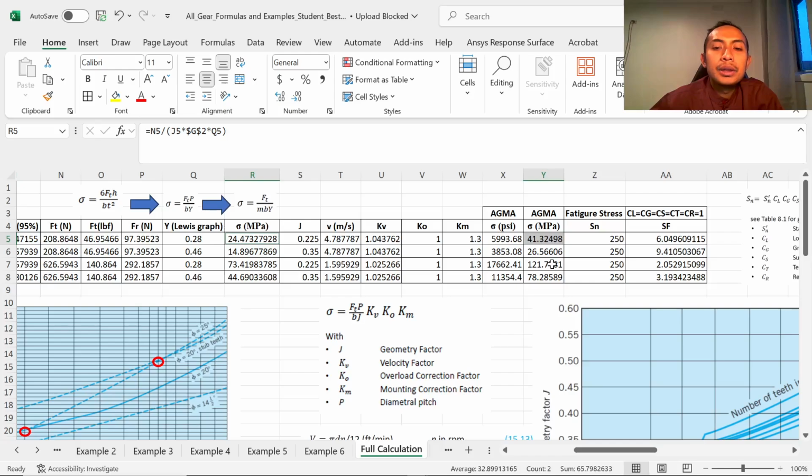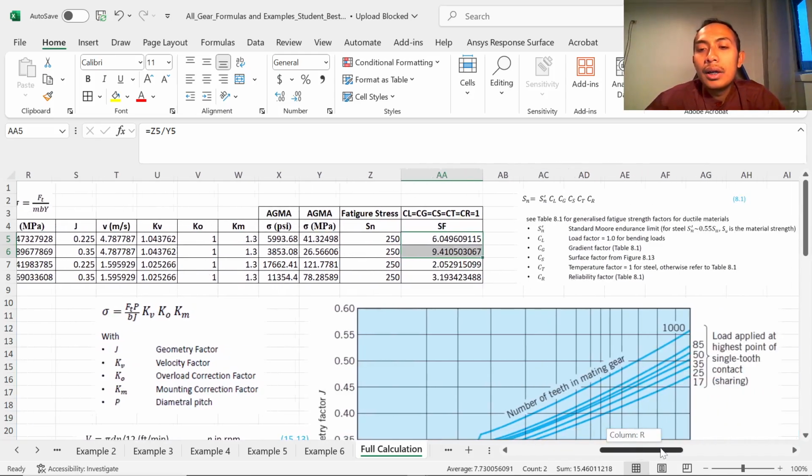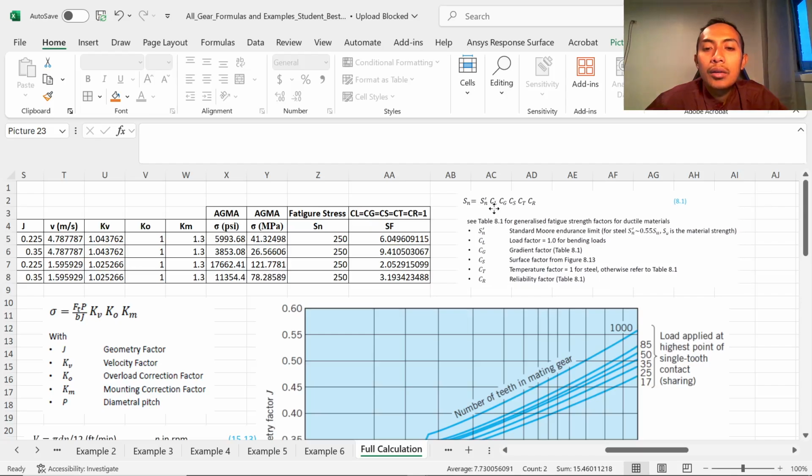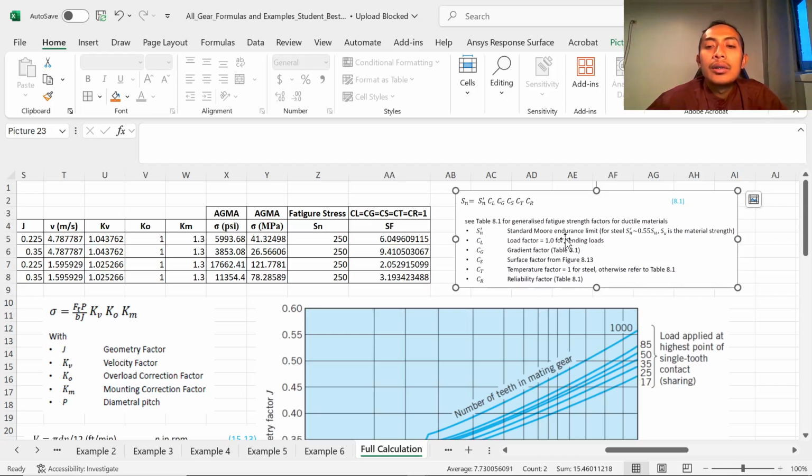So it's clear that if we have fatigue stress, it can be defined with this formula. It's a long formula where you calculate using the load factor, gradient factor, surface factor, temperature factor, and reliability factor, all put together.